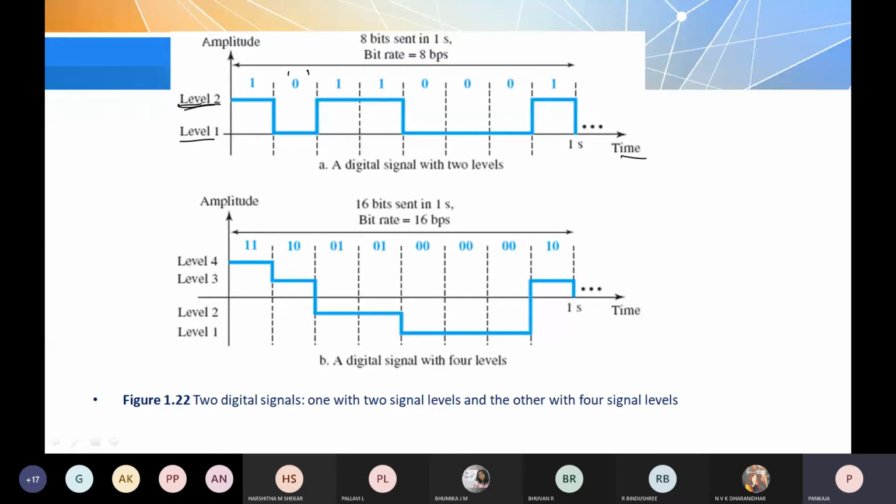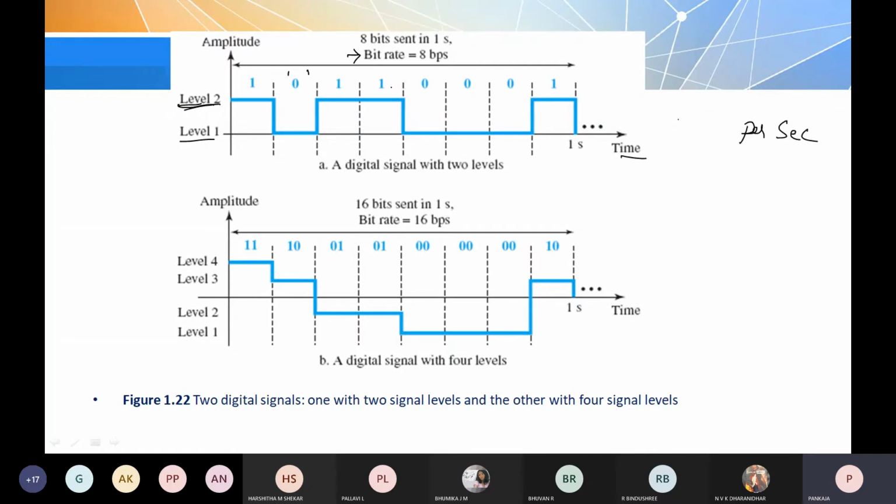The number of bits sent per second we call the bit rate. That is how many bits the physical layer, or the transmission media, is able to send per second. That is important: per second.